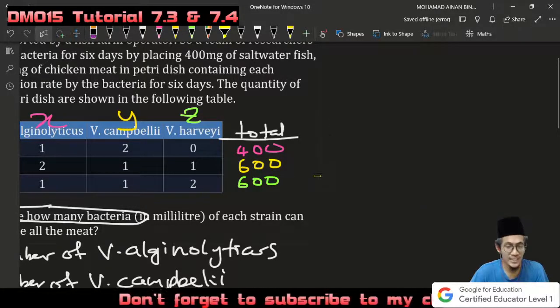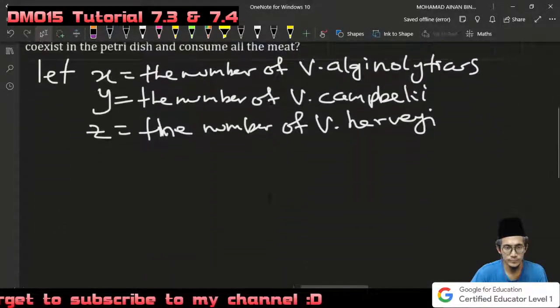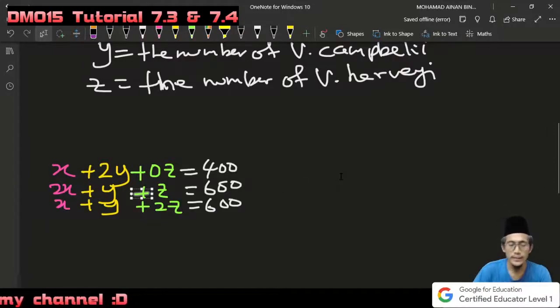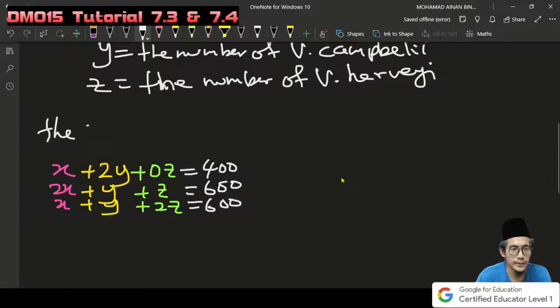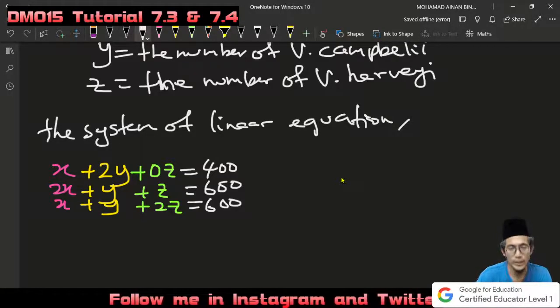And then we bring it down here. So this is the linear system. The system of linear equations is this one.